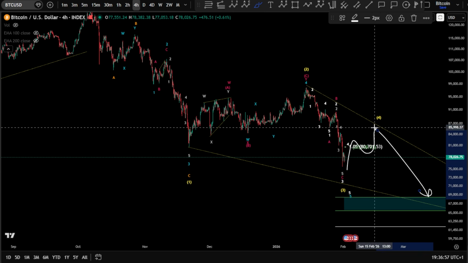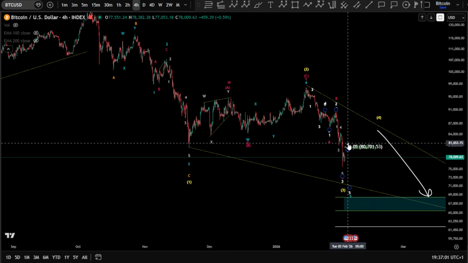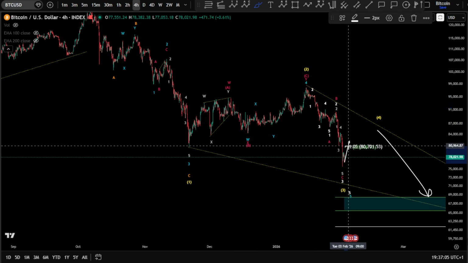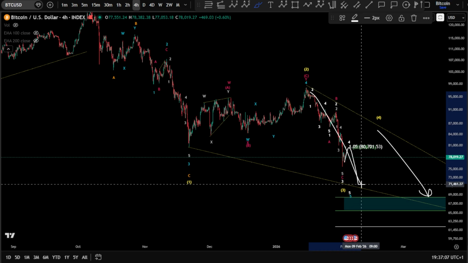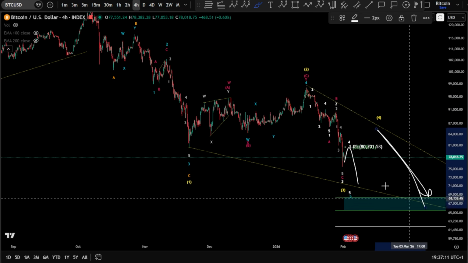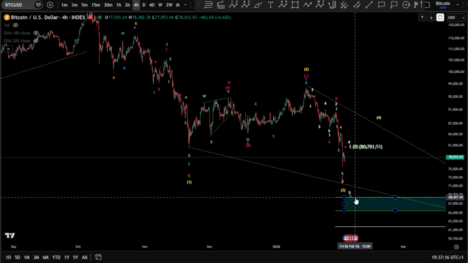Are we in a wave 4 for the diagonal, or are we in a smaller wave here at the 1-to-1 fib level, 80k, for an impulse to finish as a wave A, and then wave B, not a wave 4, wave B and a wave C to unfold a wave 3? So these are the possibilities.